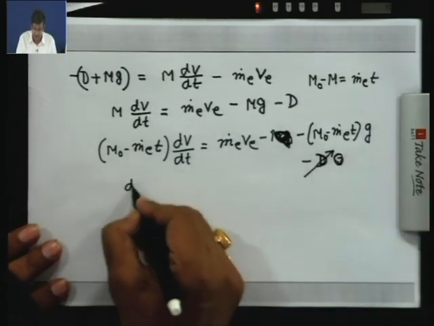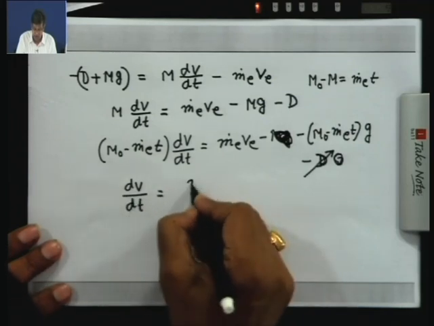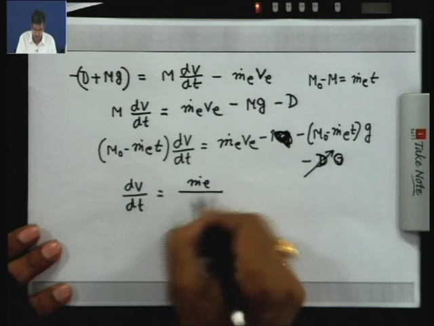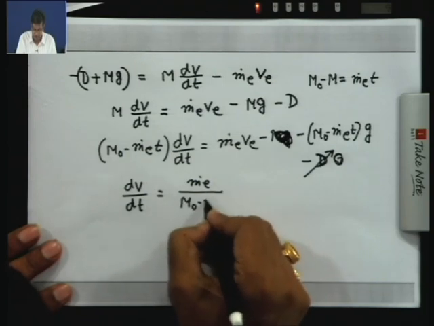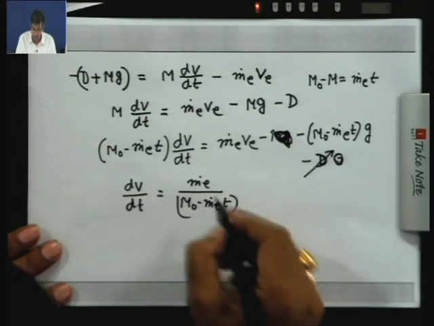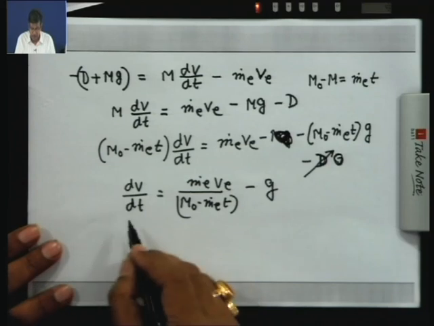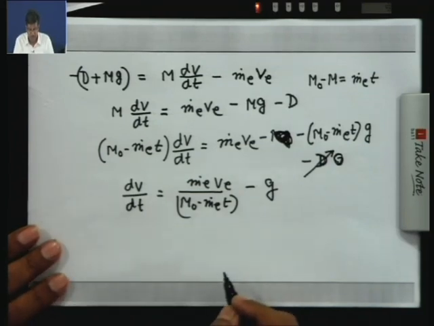Then I write dV/dt is equal to m dot e V_e divided by m0 minus m dot e t, minus g.